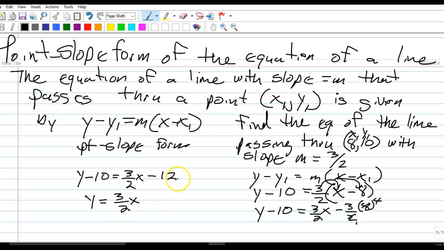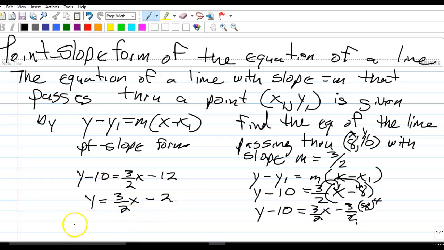If I add 10 to this side, then I have minus 12 plus 10, which is equal to minus 2. So here I have the equation of the line written in the slope y-intercept form as the final answer, but I had used the point-slope form of the equation of a line to derive this particular equation.